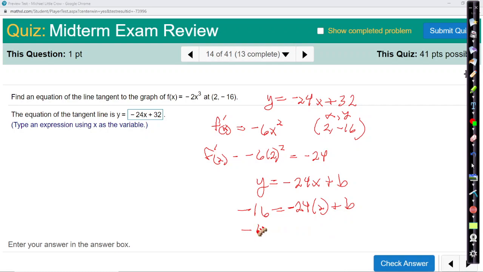So I get negative 16 equals negative 48 plus b. Add 48 to both sides, and you get b is equal to 32.